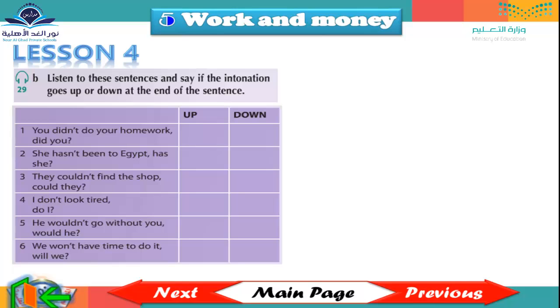You didn't do your homework, did you? My intonation goes down. 2. She hasn't been to Egypt. Has she? It's up.